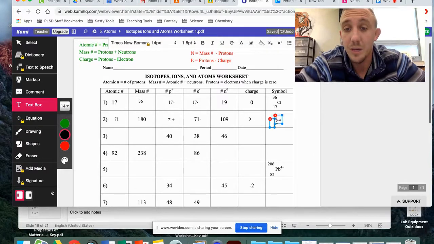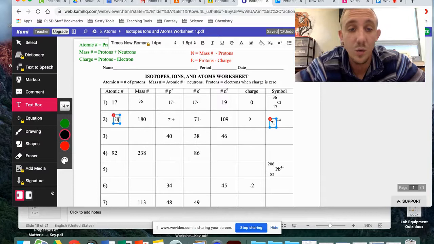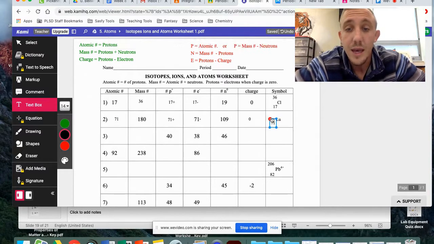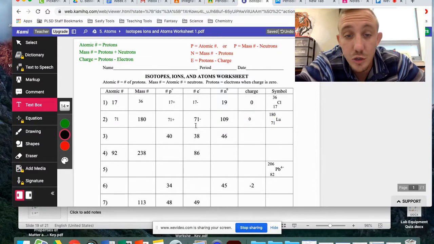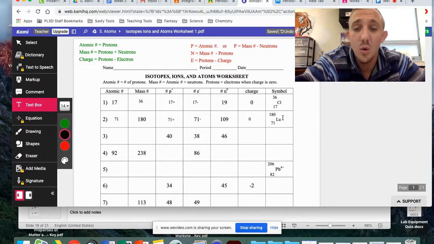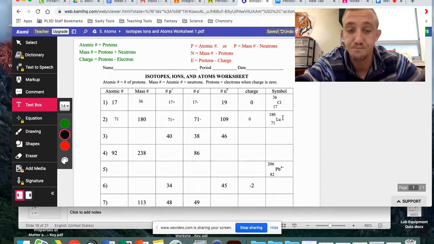For the atomic number, which goes in the bottom left, you're going to write 71 because it's your atomic number. And then for the mass number, it goes in the top left, which is 180. And once again, it does not have a charge because my protons equal my electrons. So I'm going to go ahead and leave the top right, where my charge is, as nothing. Okay, and if you put a 0, that's fine.